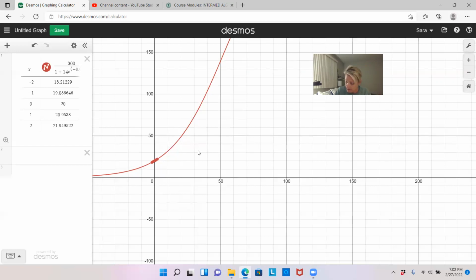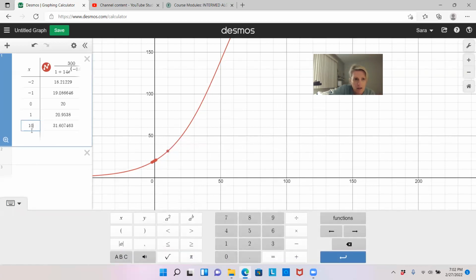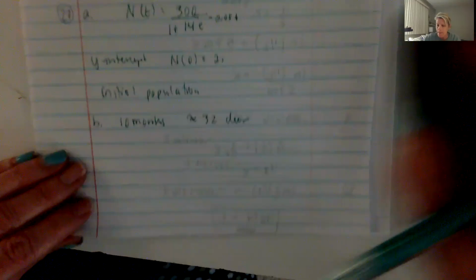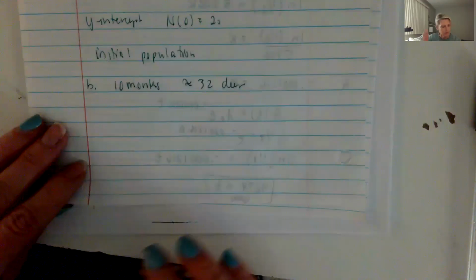So we can just put in 10 months into Desmos here and find out that there's approximately 32. It's pretty cool that Desmos does that for us. And I'm expecting you to use Desmos for these, don't worry.